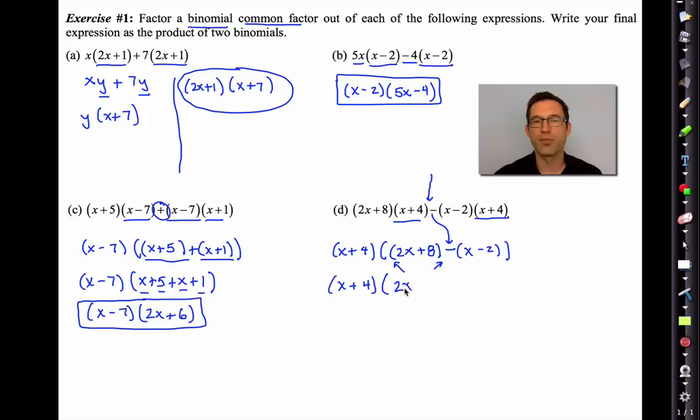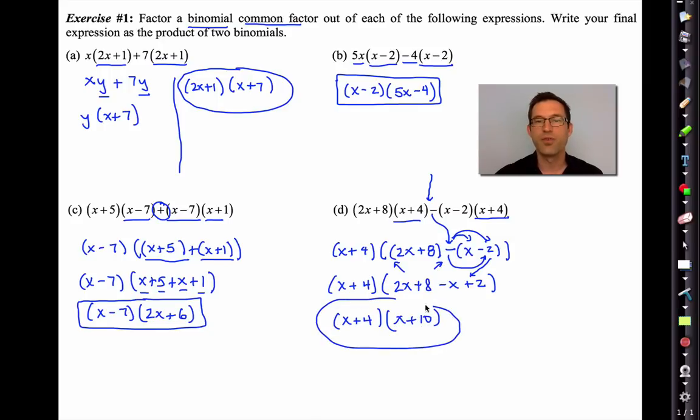So I'm going to remove them, 2x plus 8. But in this case, we have to distribute a subtraction, or a multiplication by negative 1. That's very important, because that negative and that negative become that positive. But once I have that, it's pretty easy. 2x minus x is x, and 8 plus 2 is 10. There's that product of two binomials again.